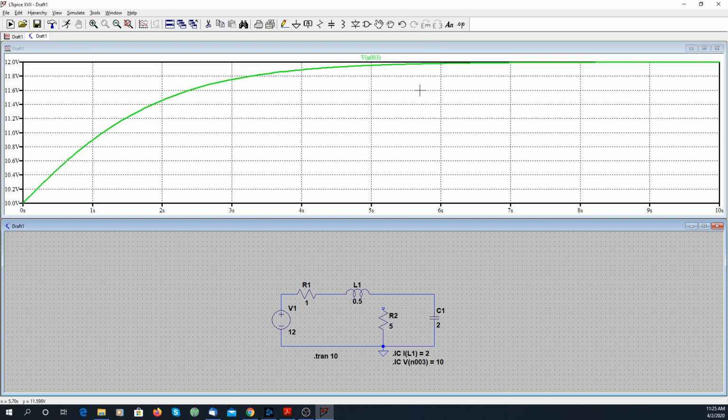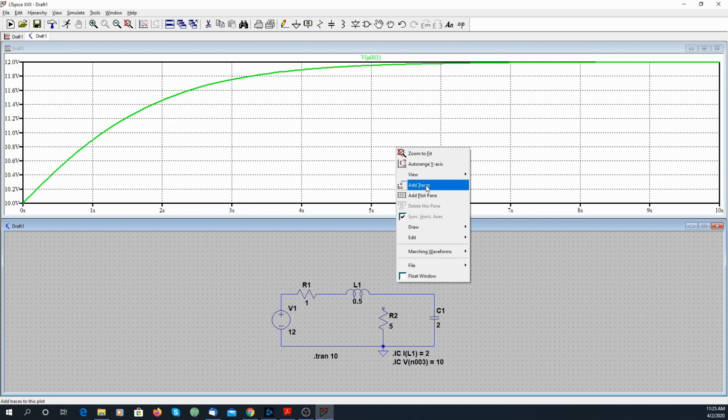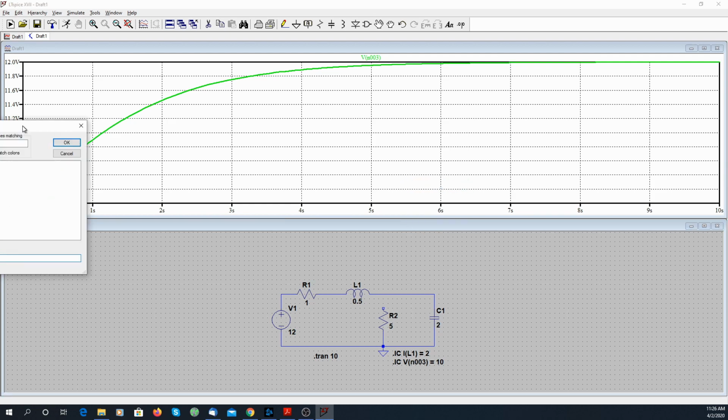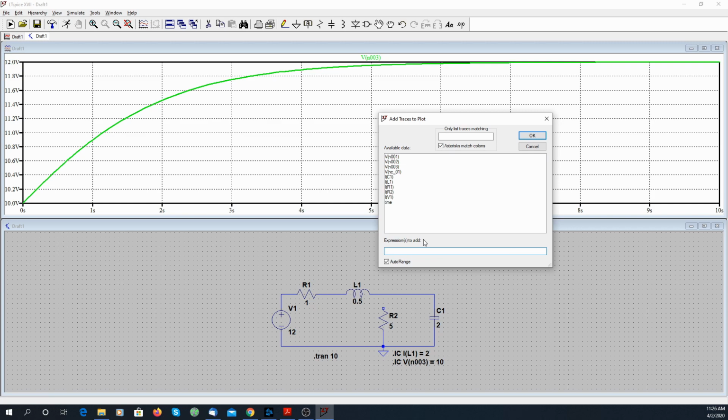I can verify my simulation by right-clicking on this graph and hitting the Add Trace button, and it will allow me to type in a mathematical expression. The mathematical expression that we got for our capacitor voltage in this example problem was, in LTSpice, you have to explicitly write out time, times the exponential, so I'm going to do exp of negative alpha, so -1 times time.